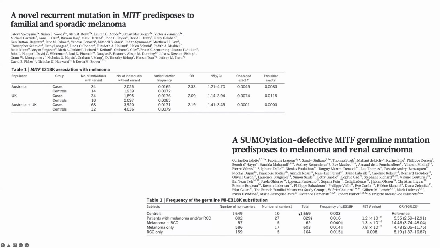Part of the reason is it's just a more rare variant, and so you're not going to have the case numbers that you have for something like prothrombin. But you can see that it still does show pretty good replication across studies and similar odds ratios, although the ranges are a little different, that there is an association with this variant and an increased risk of melanoma.